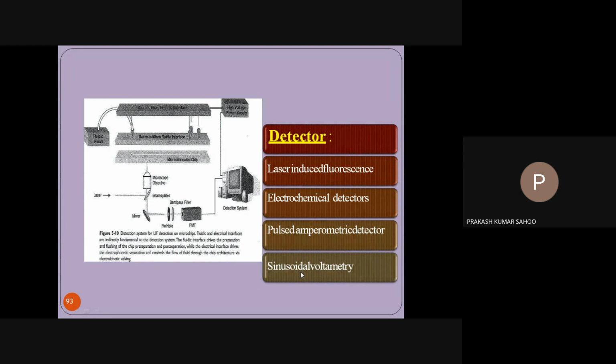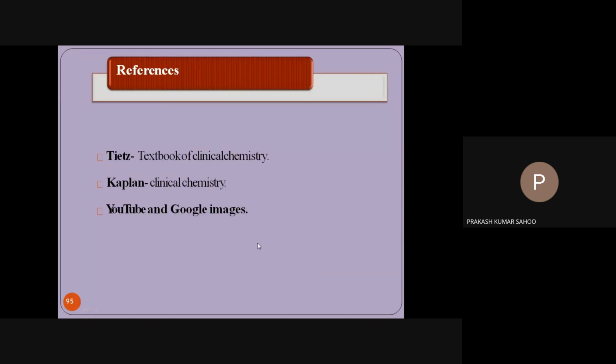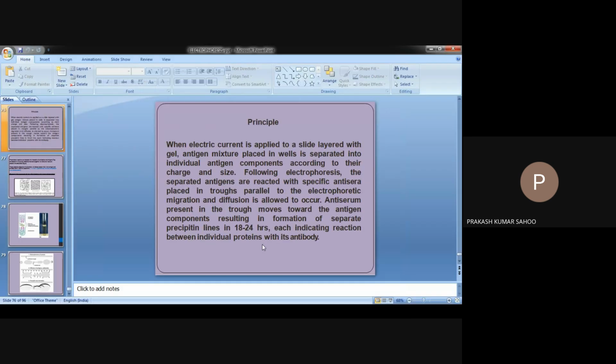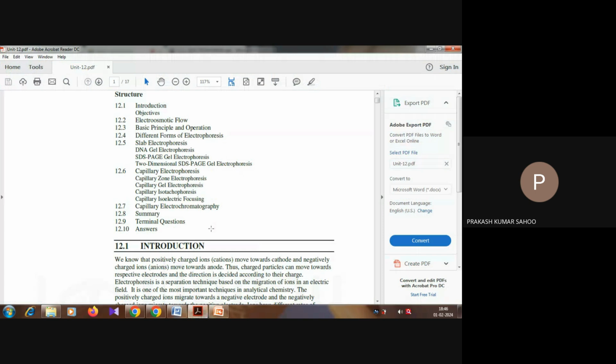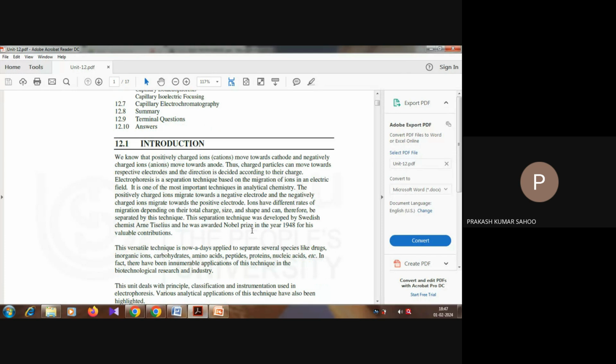So these are some detectors used in microchip electrophoresis. And there are some references. If I go to this, I have almost covered everything in this unit.